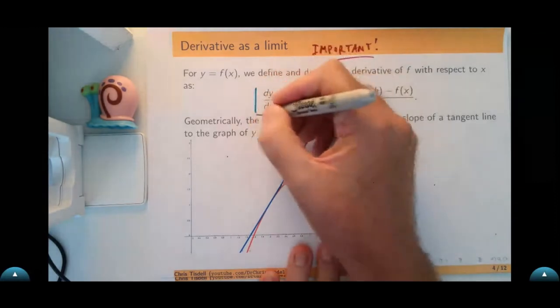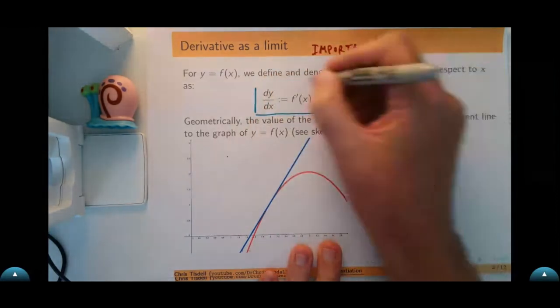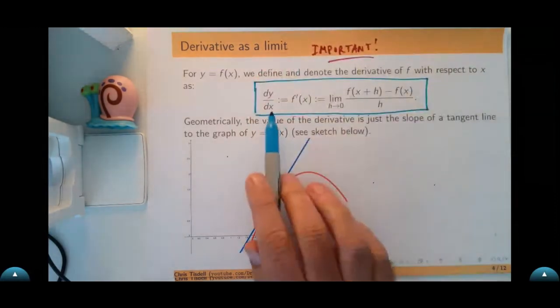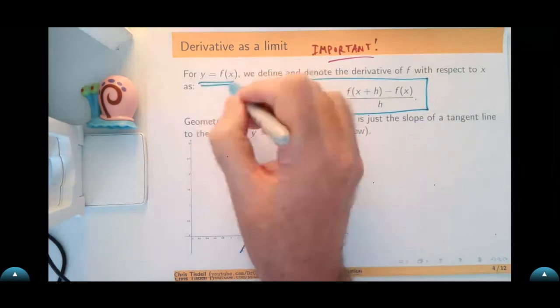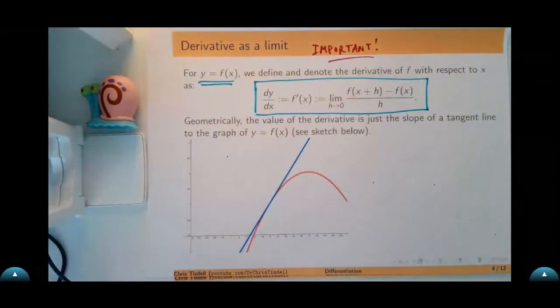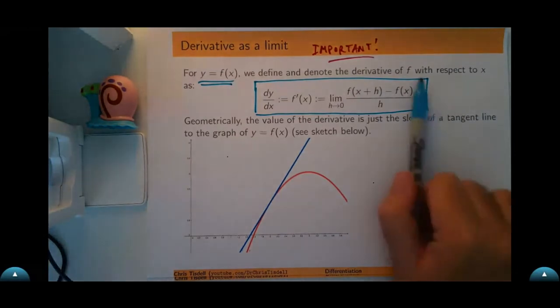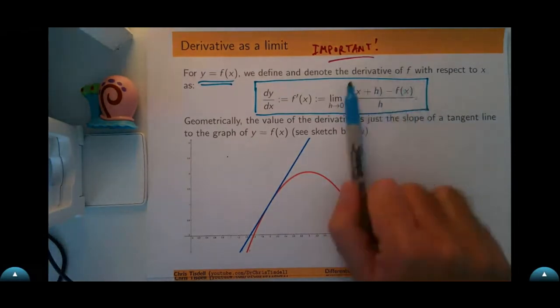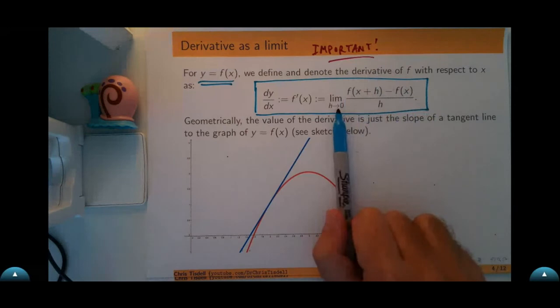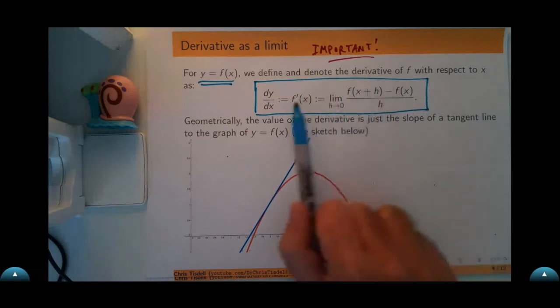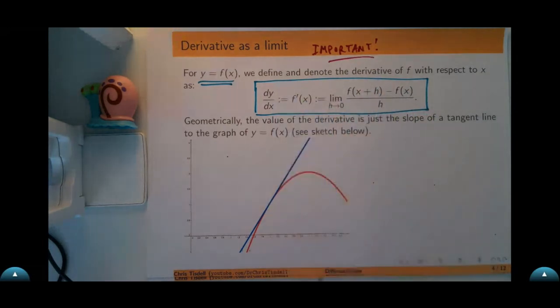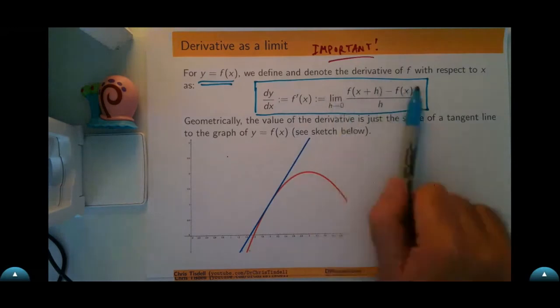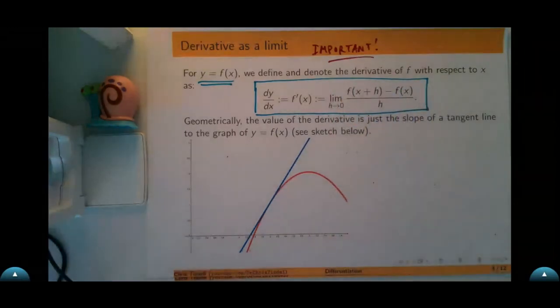In fact, this is actually the definition of the derivative. So you've got a function, and you look at this quotient and you take the limit as h approaches 0. That's actually how we define the derivative, right? We don't always use this to compute the derivative, but this is how it's defined.